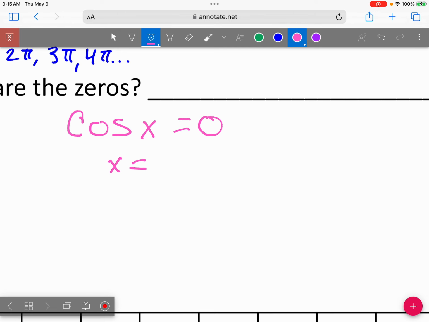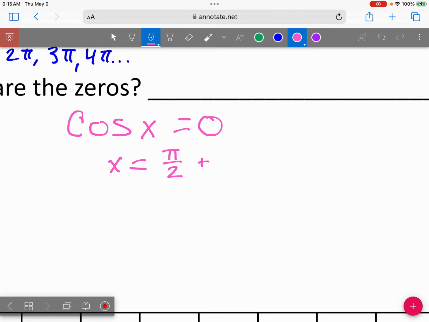So when does cosine of x equal 0? Pi over 2. And it repeats how often? Does it have to go all the way around the circle to repeat, or does it go halfway around the circle to repeat?